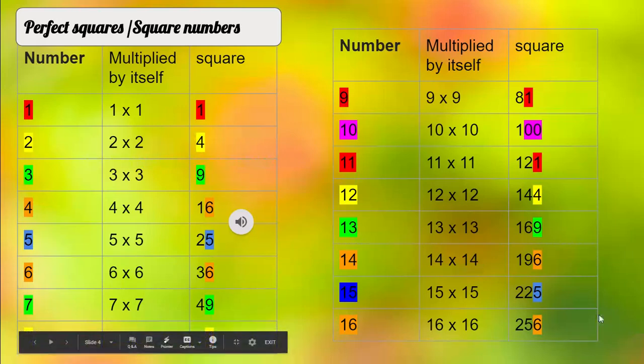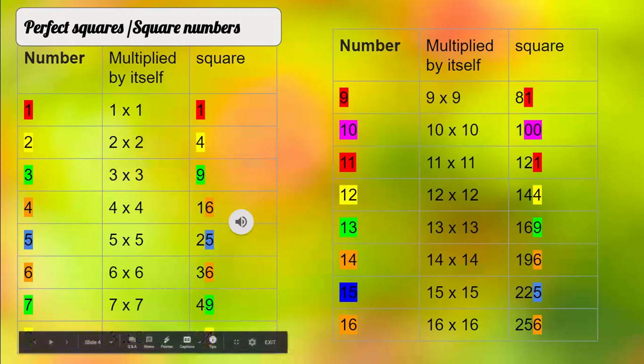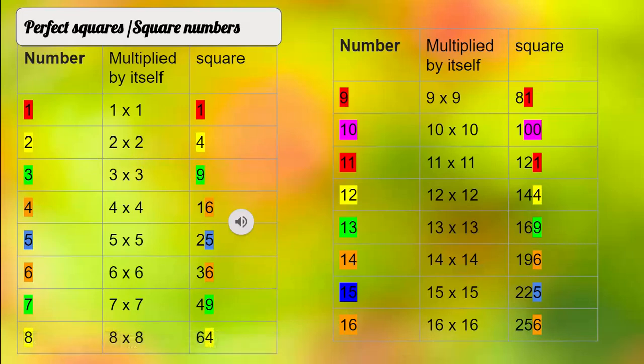Because they are non-perfect squares. There is no such number which when multiplied by itself gives 2. I'm talking about integers. Similarly, when you square 3, you get 9. So what happens to the numbers between 4 and 9, like 5, 6, 7 and 8? They were missed. These numbers which are getting missed in between are nothing but non-perfect squares.